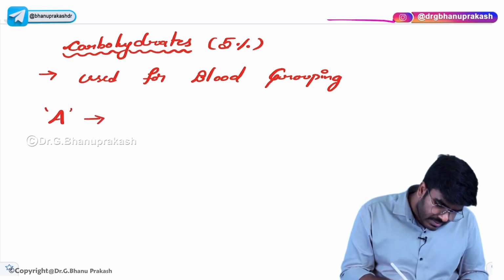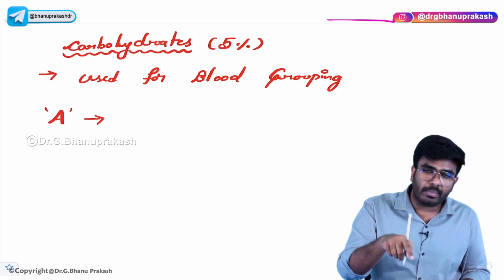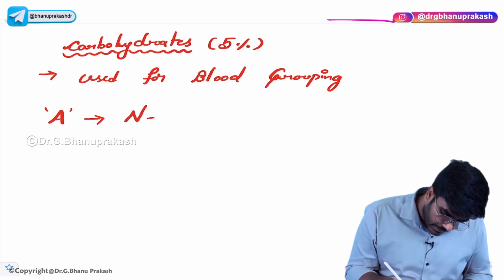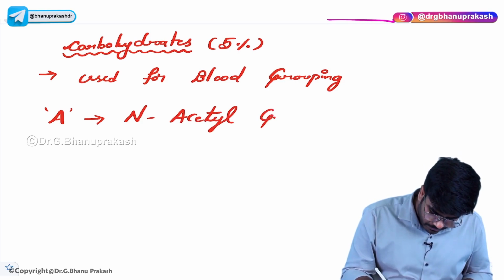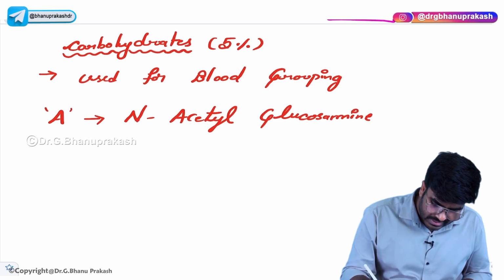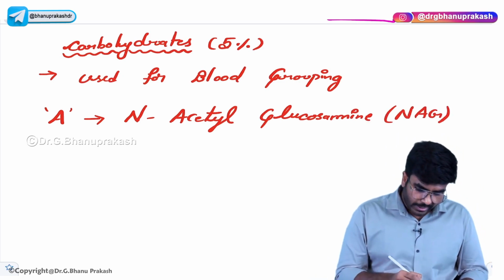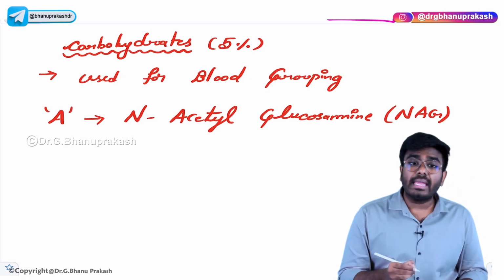A type means that on the surface of the RBC of this person, the A group blood person has a carbohydrate called N-acetylglucosamine, also called NAG. Whenever you have N-acetylglucosamine, we can say this person has A blood group.